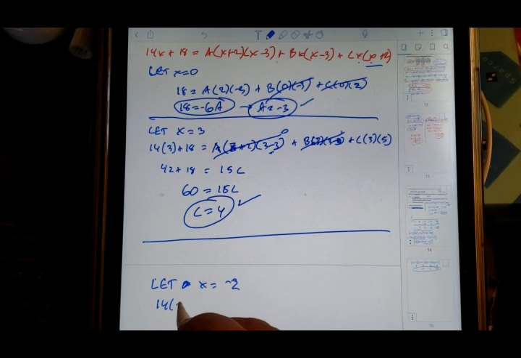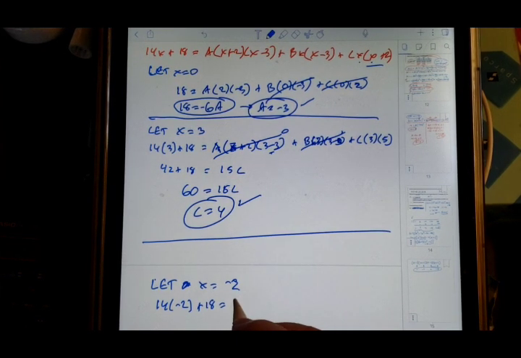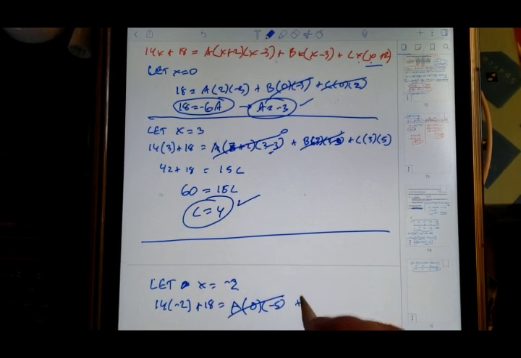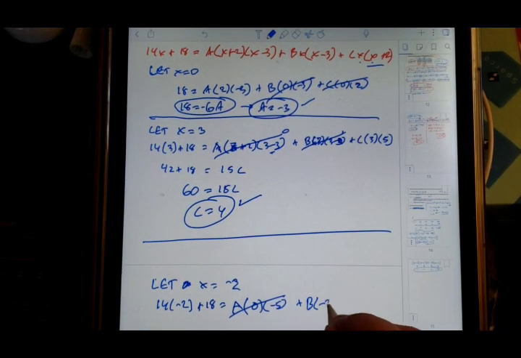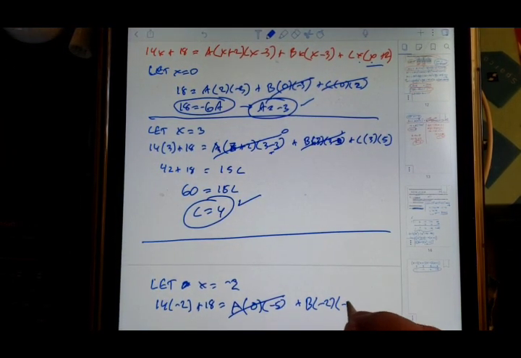It's 14 times negative 2 plus 18 equals, well, the a is going to drop out. It's a 0 times negative 2. It's going to be negative 5. The negative 5 is not important. That's 0. If I put in negative 2 here, it's going to be b times negative 2 times negative 5.